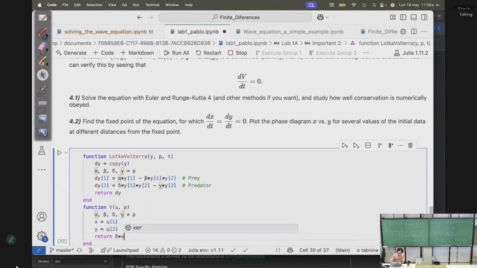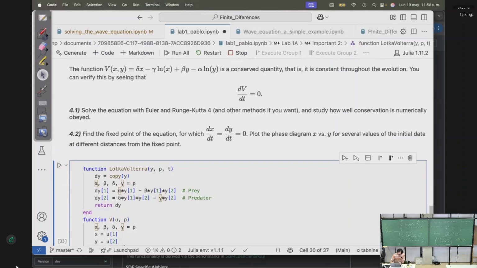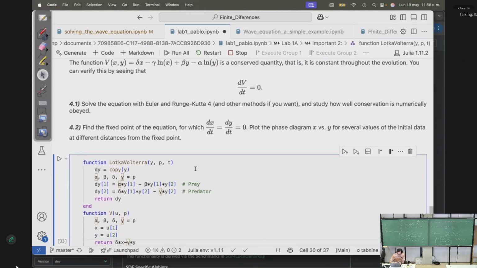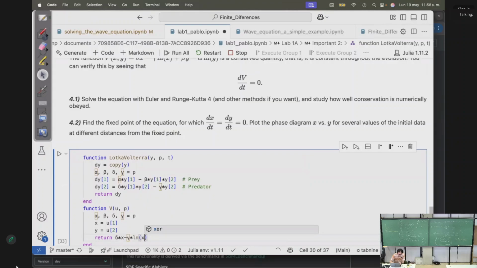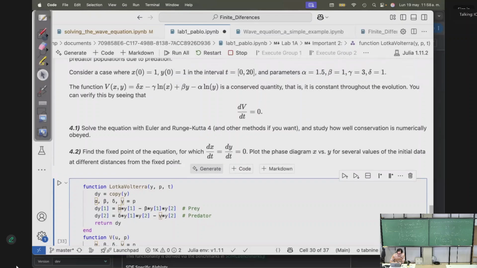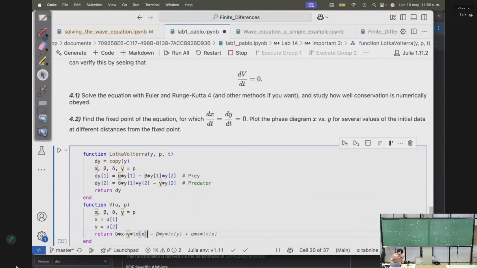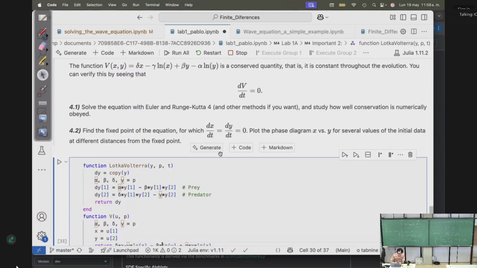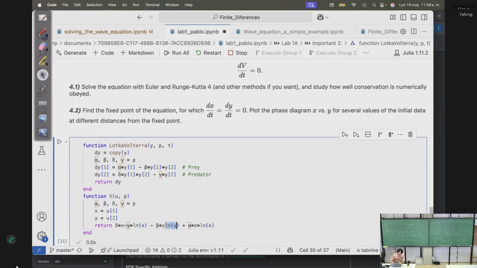Delta times x minus gamma times y minus gamma times logarithm of x minus beta times logarithm of y plus alpha minus beta times y plus alpha times logarithm of y.